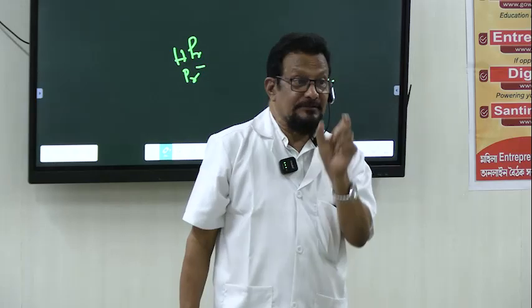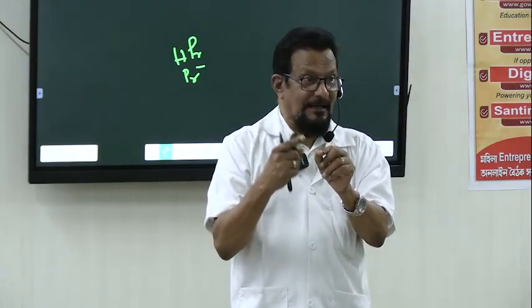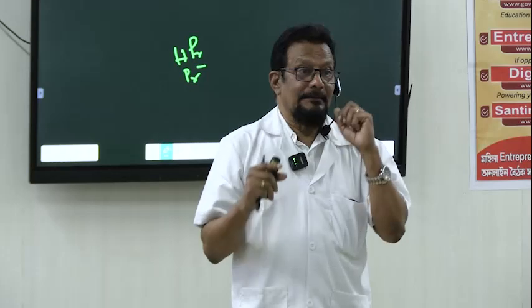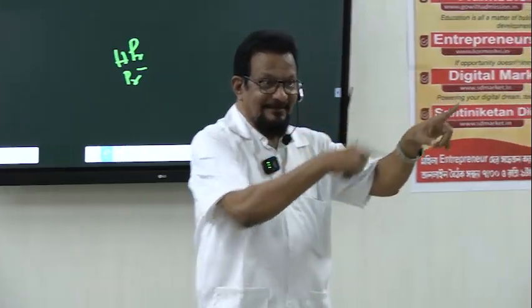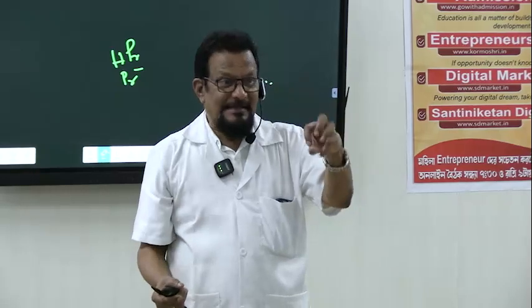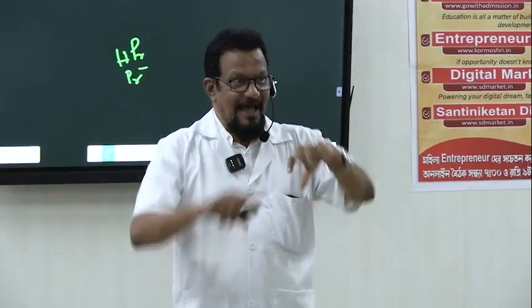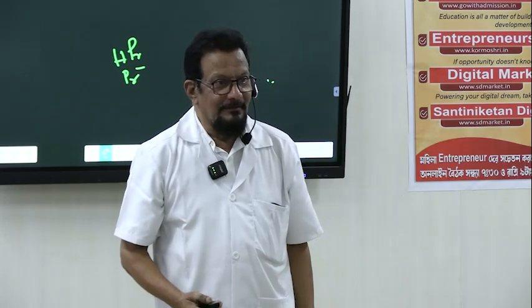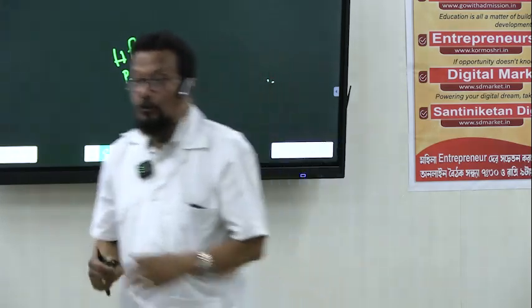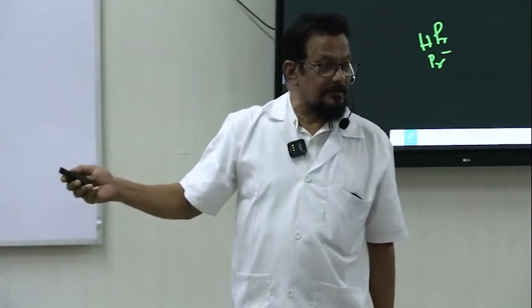Now this fibrin is soluble. There is another factor present in plasma that makes it solid and produces a network. Within this network, RBCs and platelets are trapped and they make a solid structure, and this is the clot.